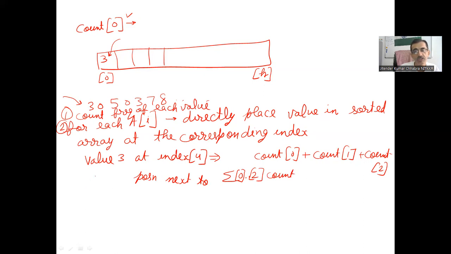So for value 3, the position can be identified by this process. That gives me a clear idea that something like a cumulative total of counts is going to be useful. So that is the exact logic. Now it will be clear how we do this.